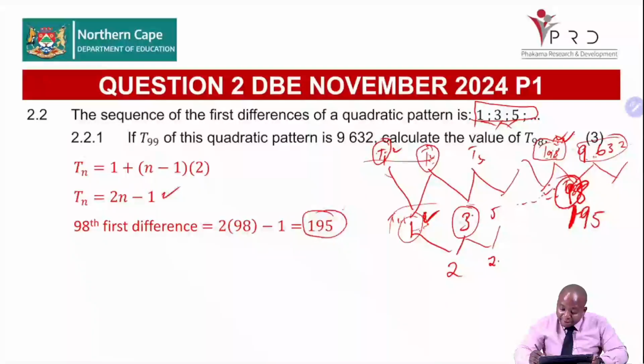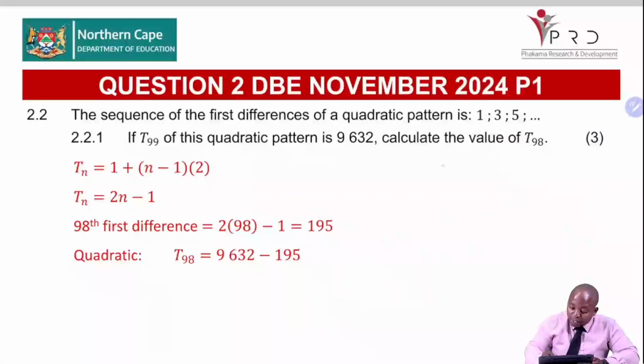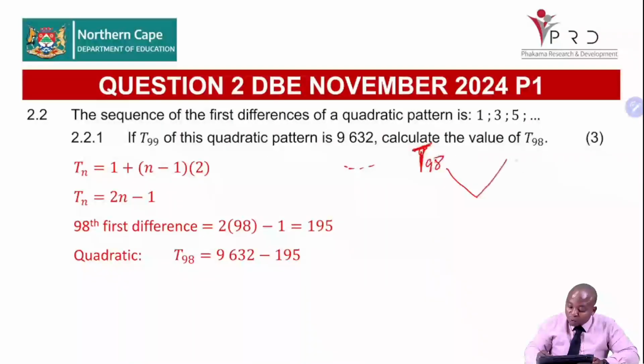That is the term value on the differences, right? Then what we proceed with, for my quadratic, to find T98, is I am just going to reverse the two parts there. Let me just rewrite that so it becomes clear. What we did is we had T98, and we also had 9,632.